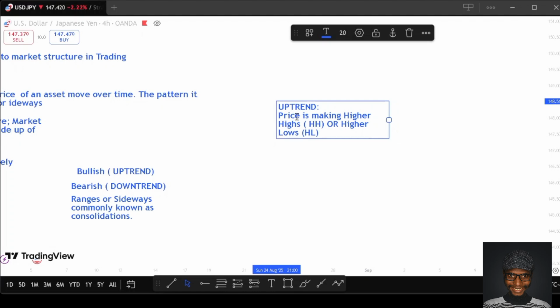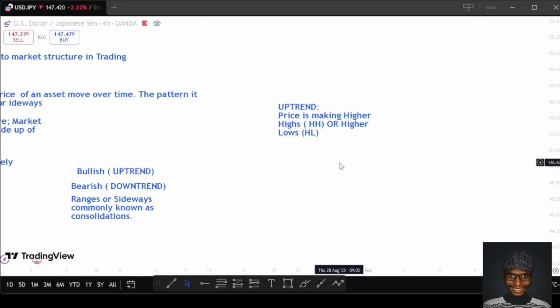An example of this is, imagine you are climbing a staircase. Each step is higher than the last. That's an uptrend. It's everywhere. So a bullish market means buyers are in control. The more the higher highs, the more it means that buyers are in control.